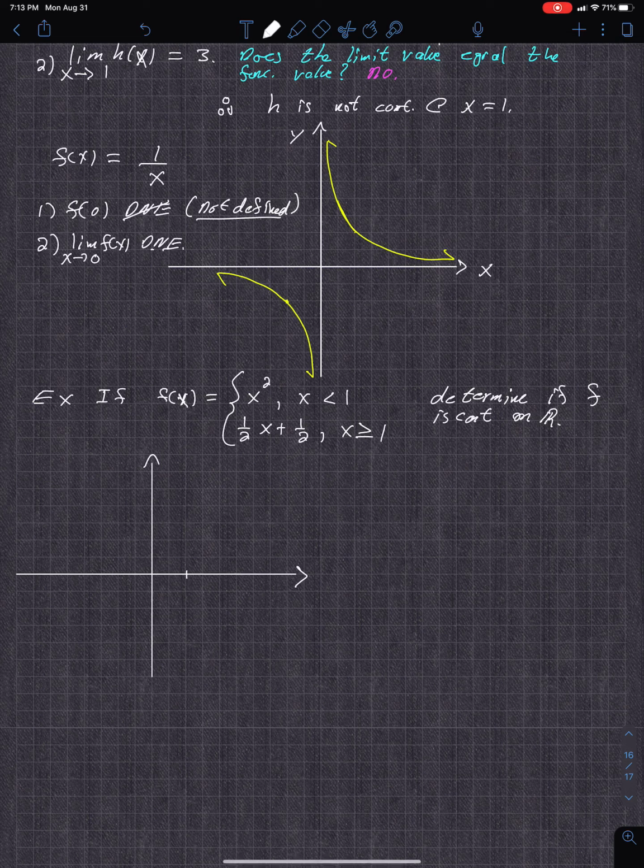So you draw in your parabola. It looks like it's open at 1, that's 1. And then it does this. And then the graph of 1/2 x plus 1/2 is here. So here's a half and then up 1. Wait, I think I did that wrong when I graphed it.